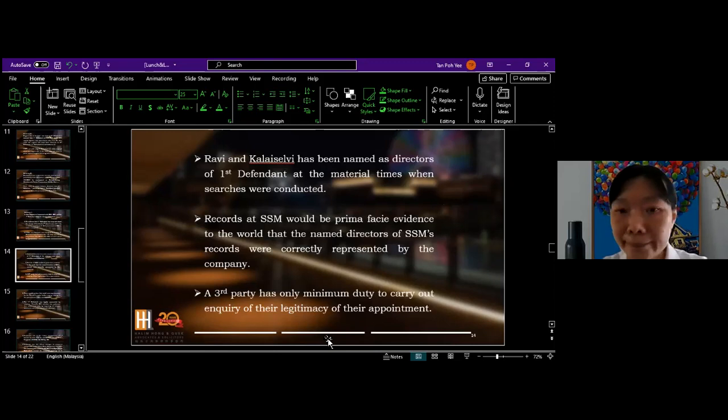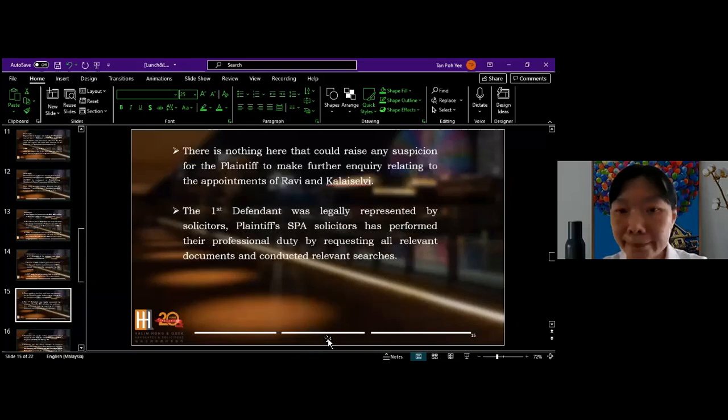So a third party, who is an outsider, has only a minimum duty to carry out inquiry on the legitimacy of the appointment. There's nothing here that could raise any suspicion for the plaintiff to make further inquiry relating to the appointments of Ravi and Kalai Selvi. This is more important.